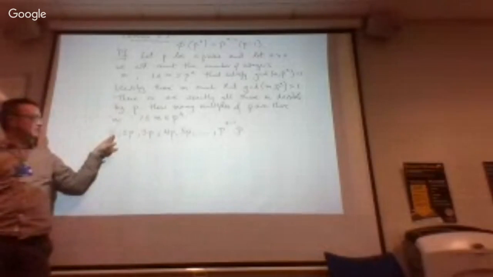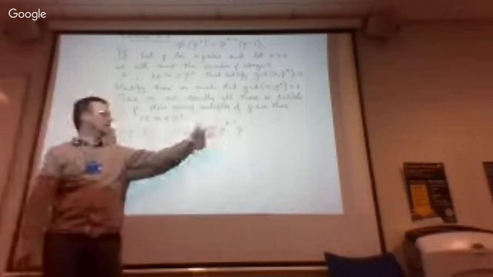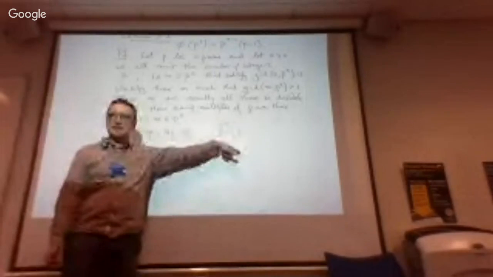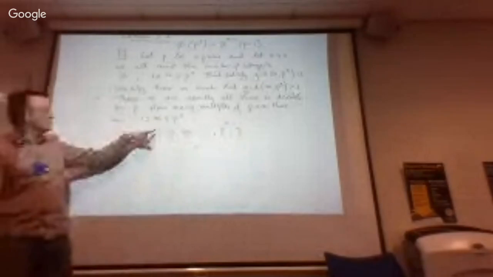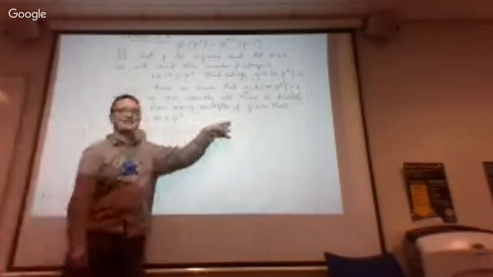Just count them. There's 1, 2, 3, 4, 5. P to the a minus 1 is the last one you see. So there are p to the a minus 1 numbers here.